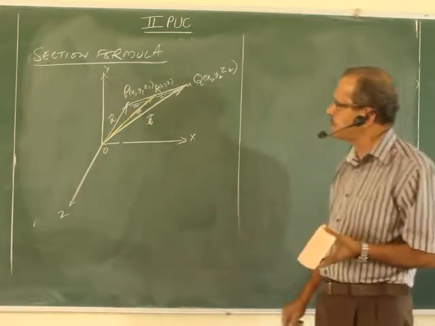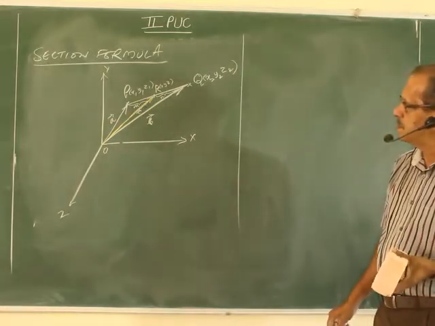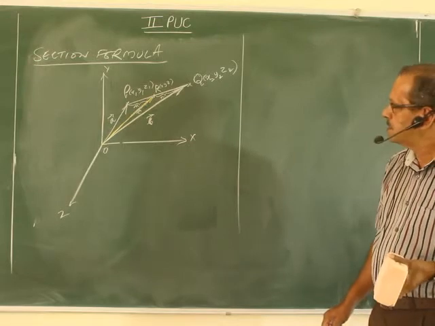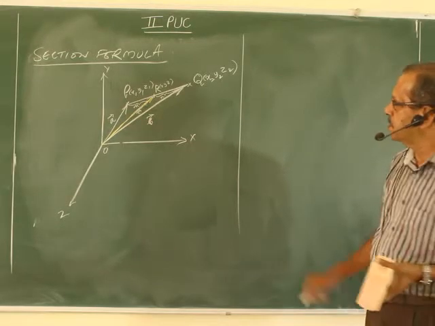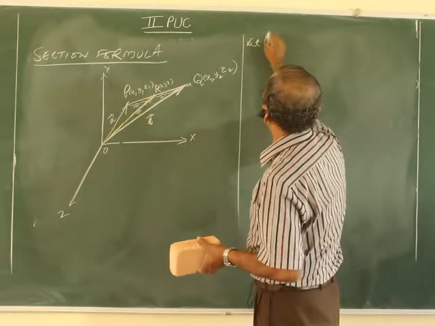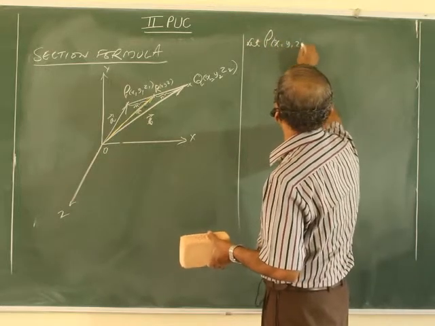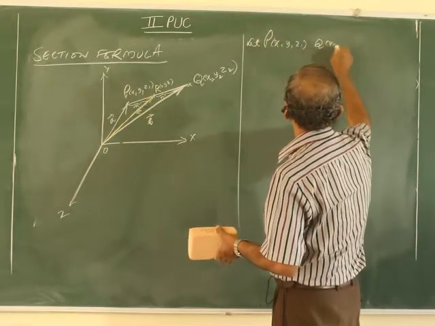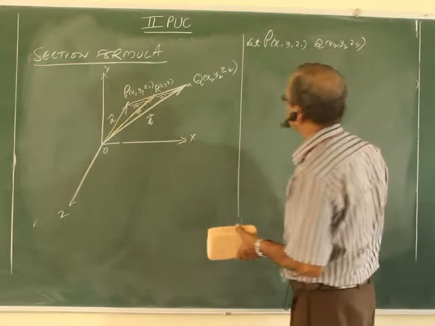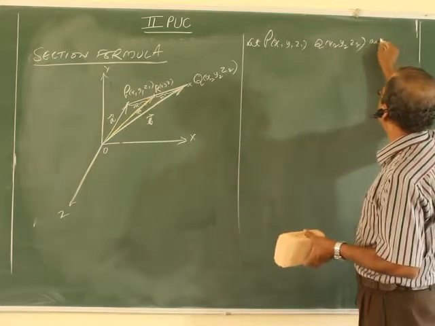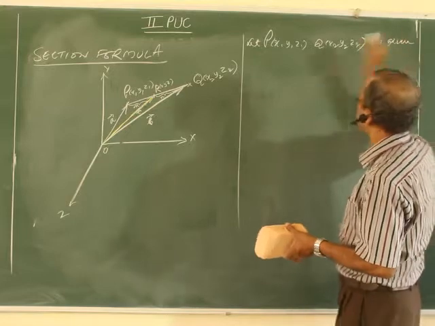Okay, let me start. Let P(x1, y1, z1) and Q(x2, y2, z2) be the 2 given points.